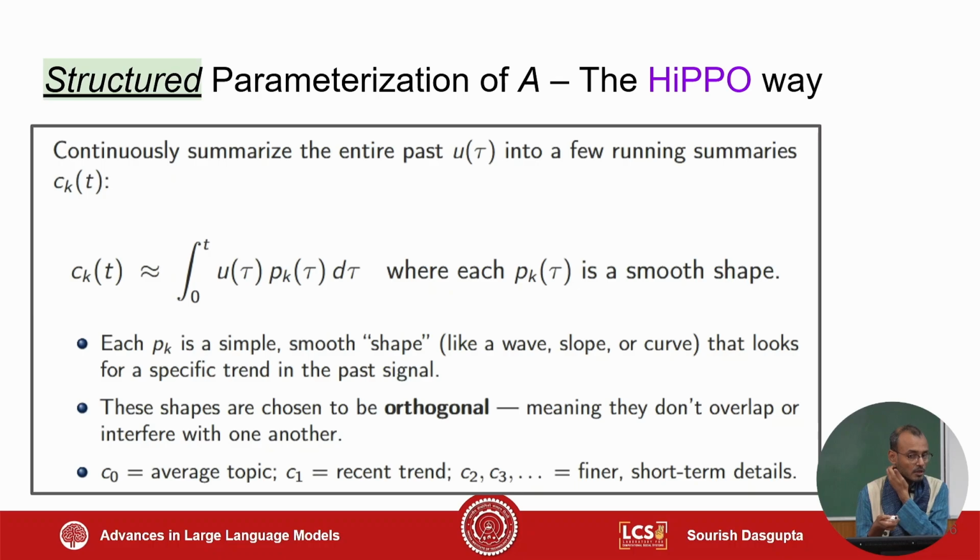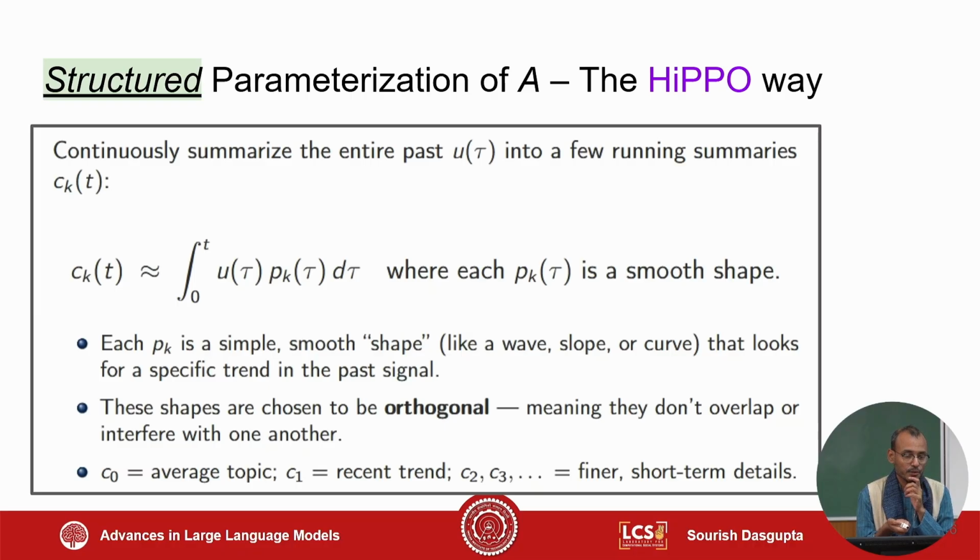So it's like a smooth shaped wave, where every P_k is orthogonal to each other. These shapes are chosen to be orthogonal, which means they don't overlap or interfere with one another. From a wave point of view, there is no interference.